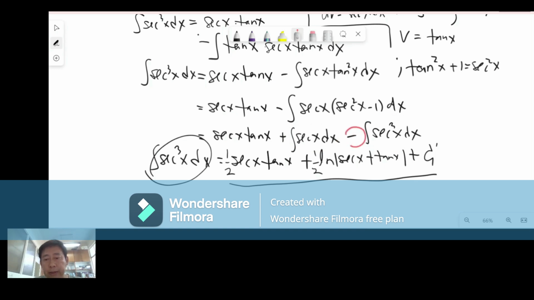You then bring the minus secant cubed from the right to the left and combine with the integration of secant cubed x on the left. You then have a factor of 2 on the left hand side. Then you simplify the right hand side further. The integration of secant x cubed could then be obtained, where this factor of half is coming from the fact that you are combining the secant x cubed integration from both sides of the equation.